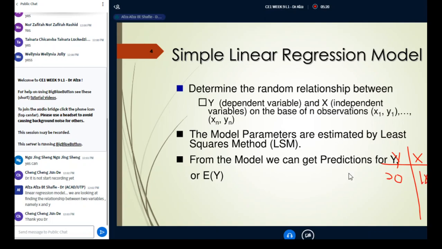Then you have 15 kg, maybe at a pressure of 110. Then you have 18 kg, maybe at a pressure of 115, and so on. So basically, this will be your observations. So you have n observations, this is your n number of observations.